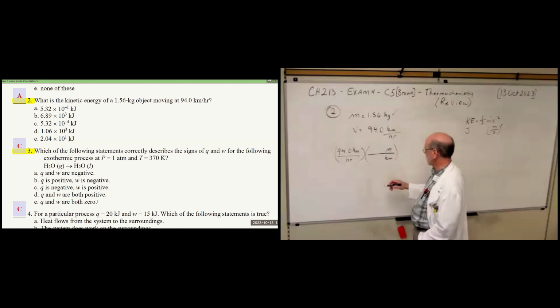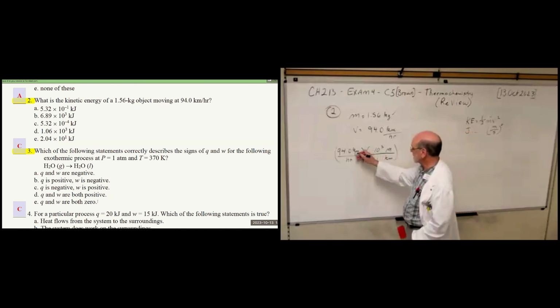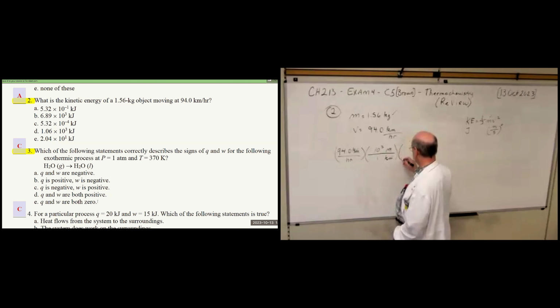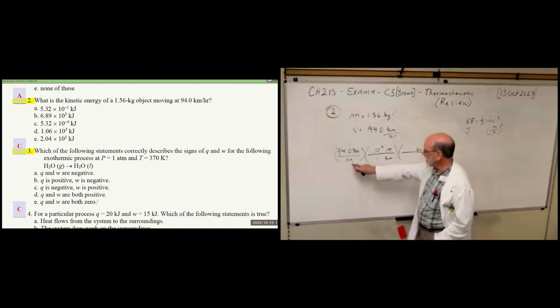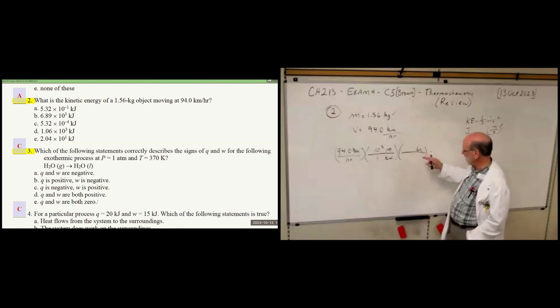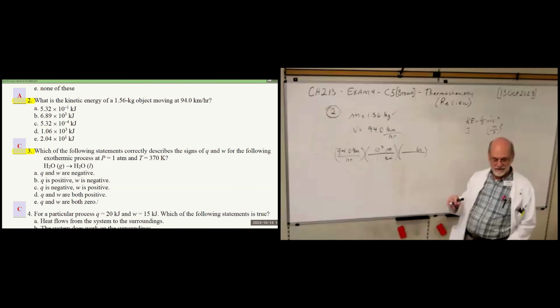So what's the relationship here? 1 kilometer is 1,000 meters, correct? Okay, that takes care of the meters. Now we need to get rid of the hours. This is in the denominator, so that one's got to be in the numerator. Do you know how many seconds are in an hour?